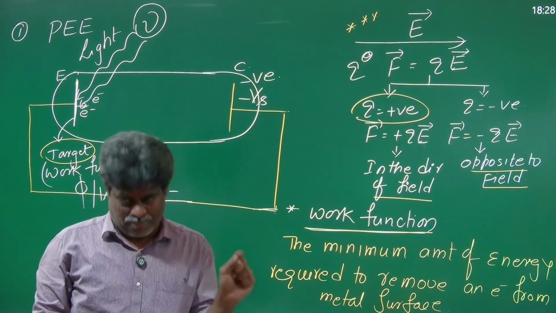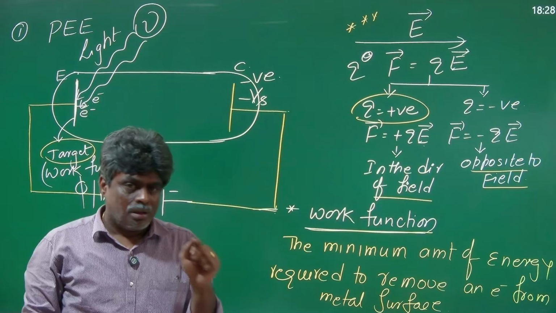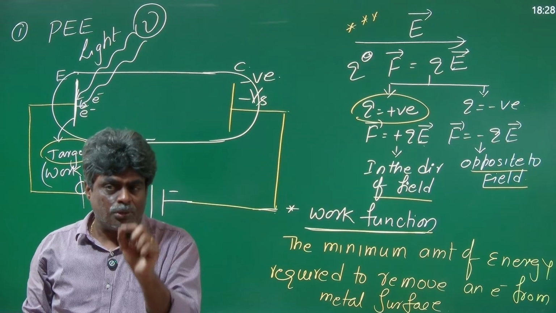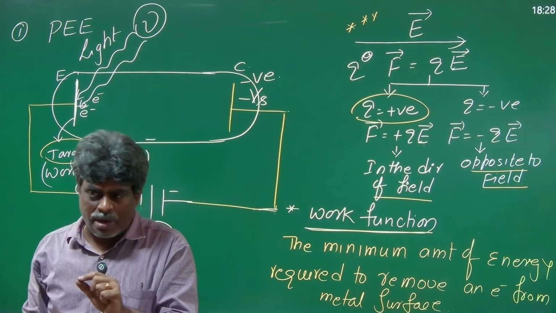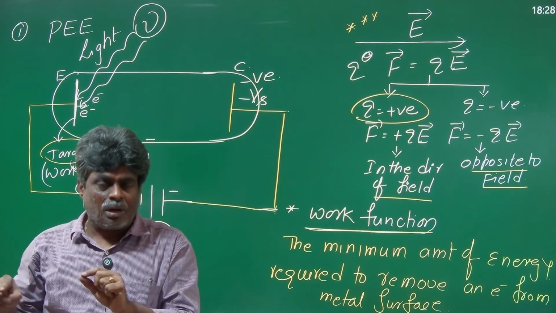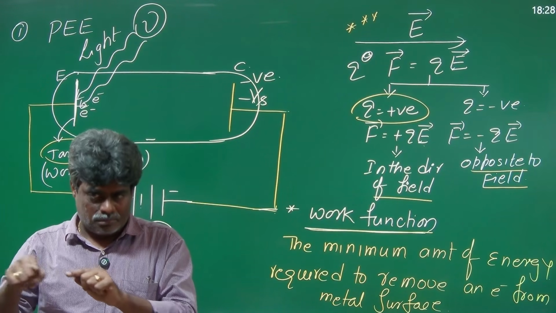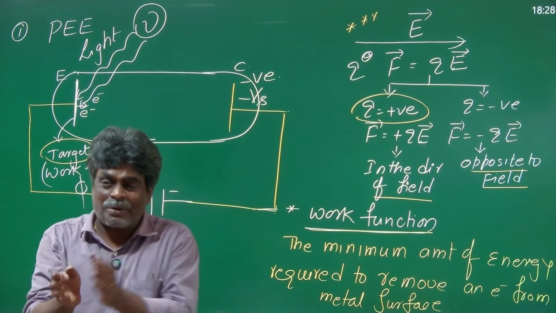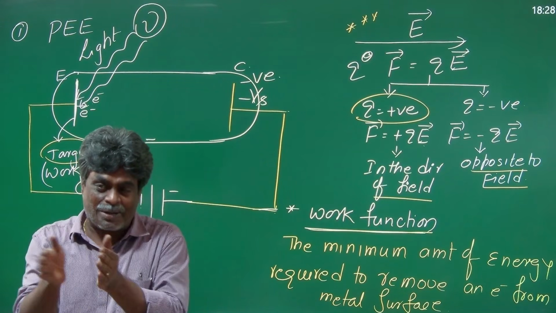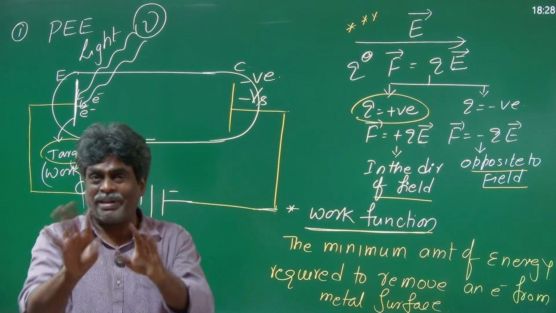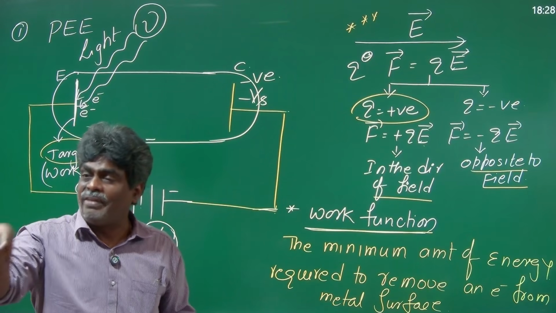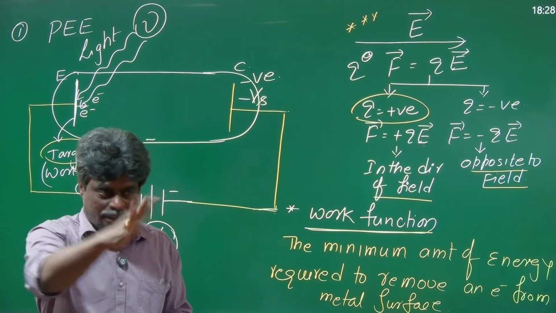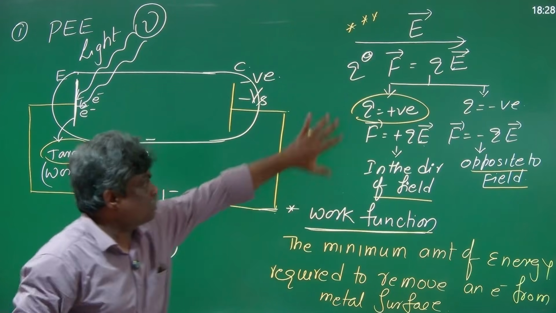Because force is equal to q v bar cross B bar, and the dot product is equal to 0. Work done is equal to F bar dot S bar, that dot product equal to 0. Only electric field will do the work. Magnetic field won't do any work. That is what I explained.